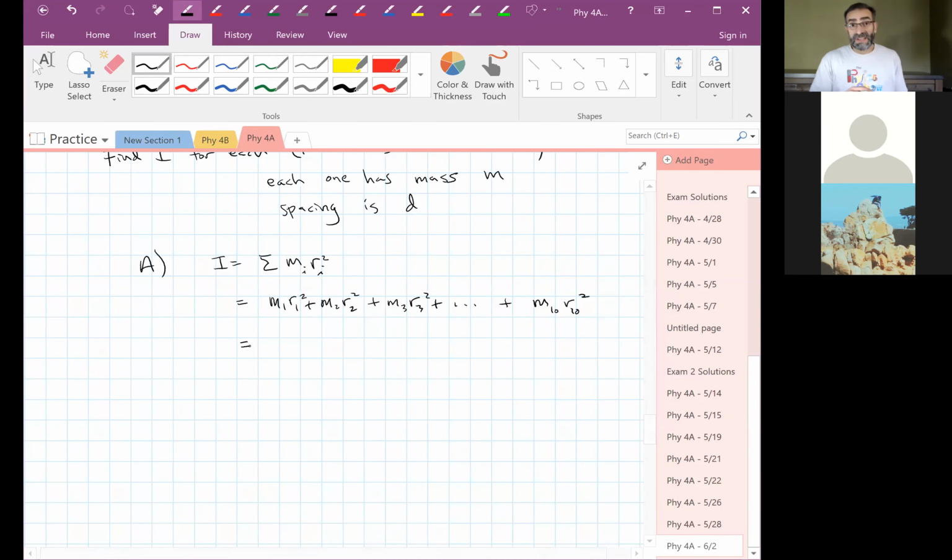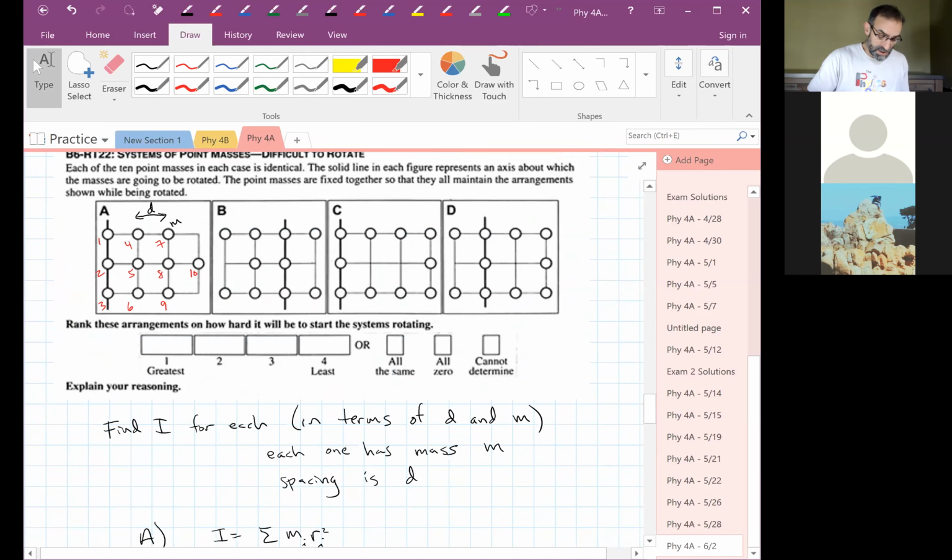Okay, they all have the same mass, so we'll just use m. m1 is just equal to m. And what is its distance to the axis of rotation? Zero. It is right on the axis of rotation. So it doesn't contribute anything to the rotational inertia of this object.